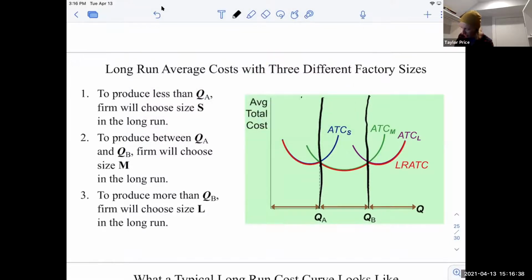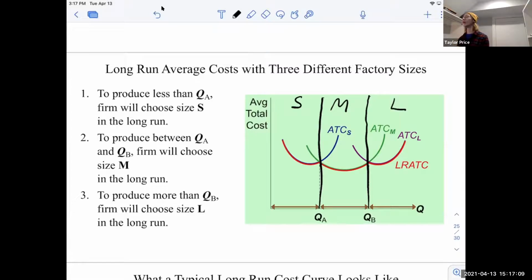The firm will keep the factory size small if it produces less than QA. If the firm produces more than QA, but less than QB, a medium-sized factory is going to give it the lowest average total costs. And then anything over quantity B, the firm is going to choose a large factory size.